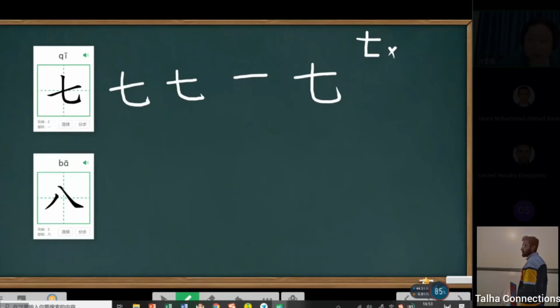Now the next one is ba. Ba is eight. It also only consists of two strokes, but you better pay attention to the position of the two strokes, the left one and the right one. Again.